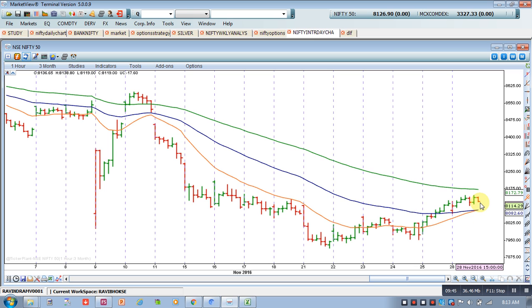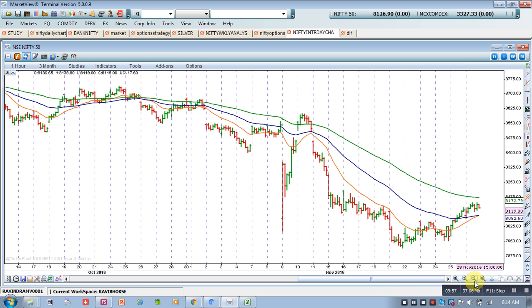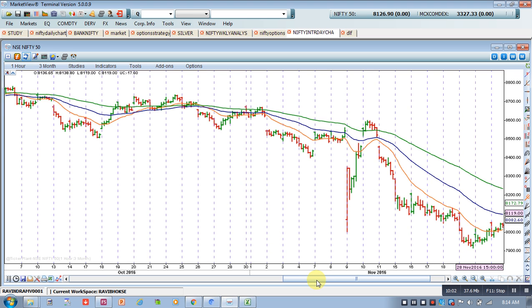If price falls below 8,082, then I have a slight worry here, because that will create a proper pattern for a downtrend, the way it has created in the past many times. You can see this is how it can happen: 100, 50, 20 and price, so there will be a fall. The 20 EMA crosses the 50 or almost clubs near the 50 and then comes down, so the setup will be 100, below 100 there will be 50, below 50 there will be 20 and below that there will be price, then there is a fall.